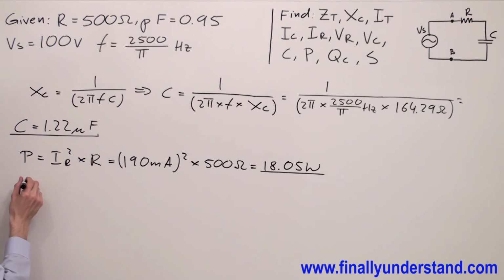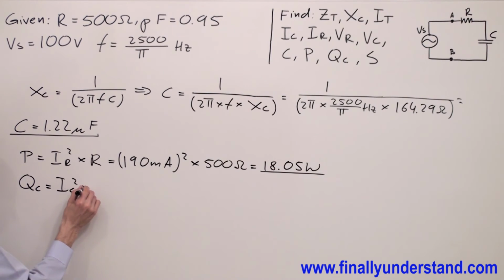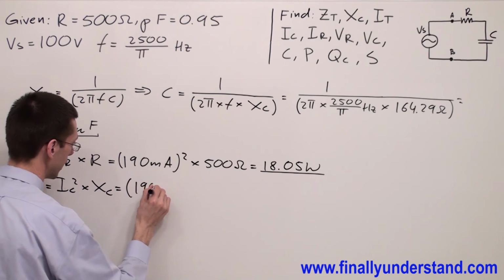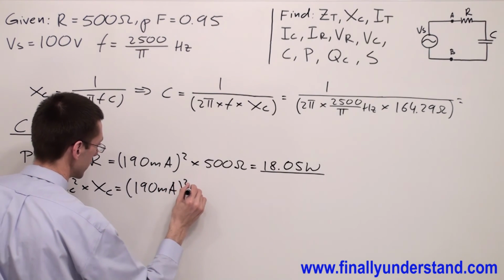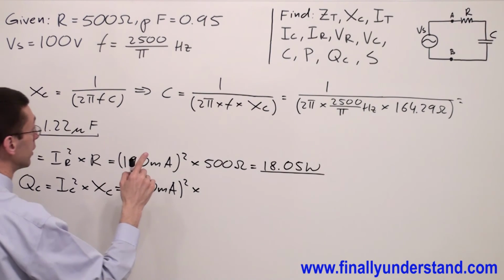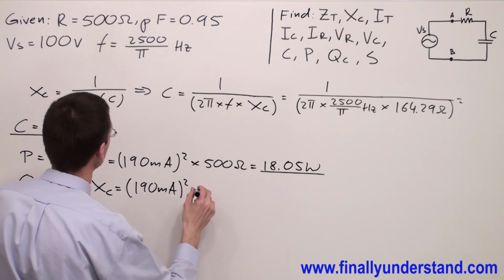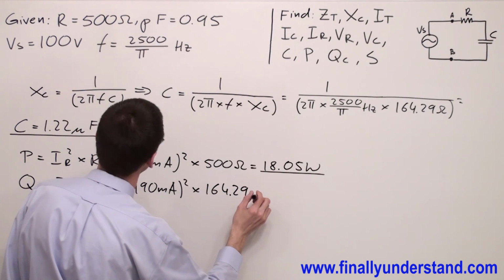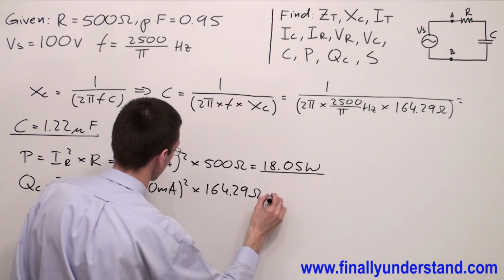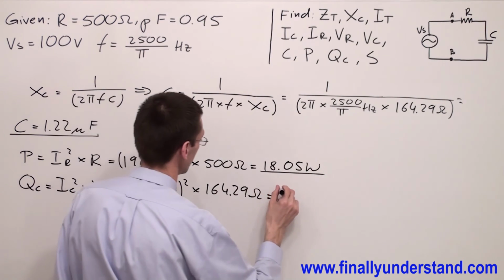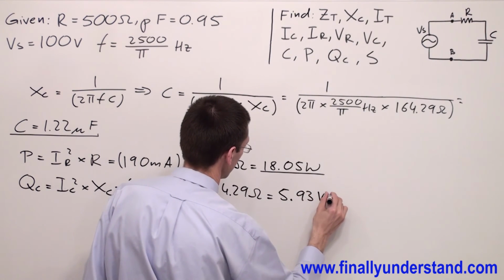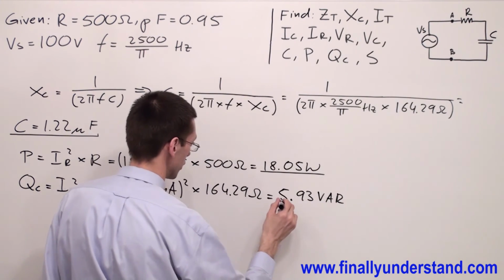Next, I'm supposed to find QC. QC is equal IC squared times X of C. So again, I have 190 milliamps to the second power times X of C, which is equal 164.29 ohms. This is equal 5.93 VAR, volt ampere reactance.